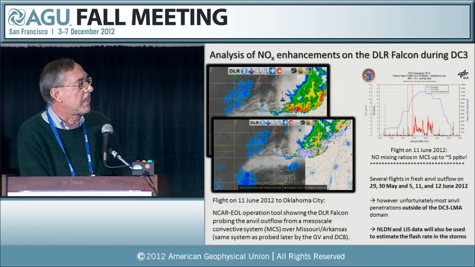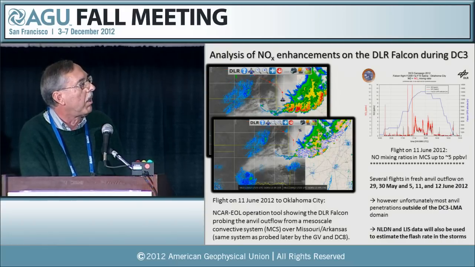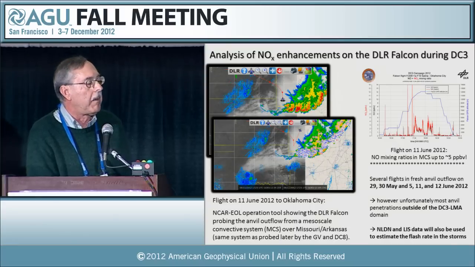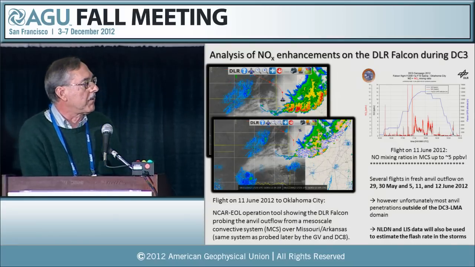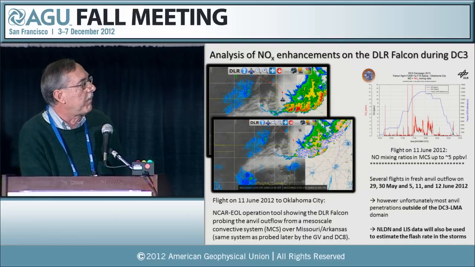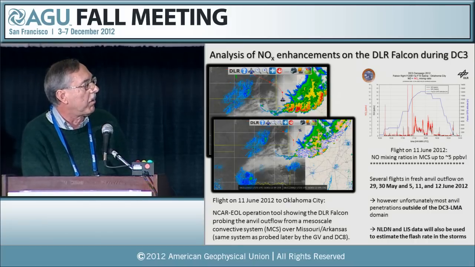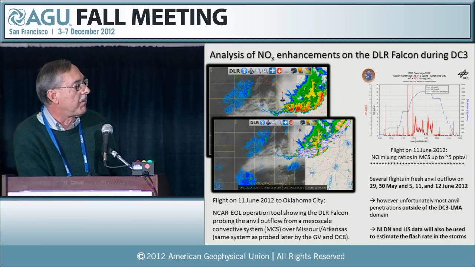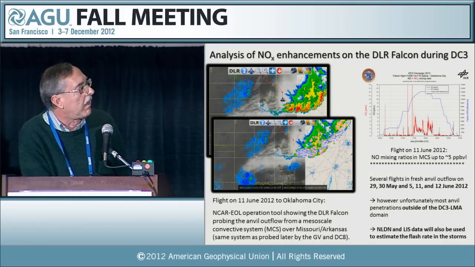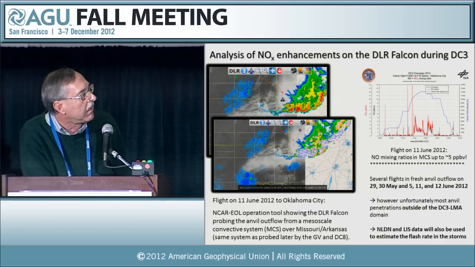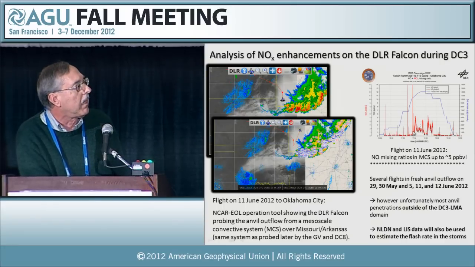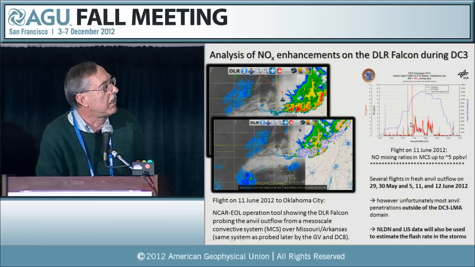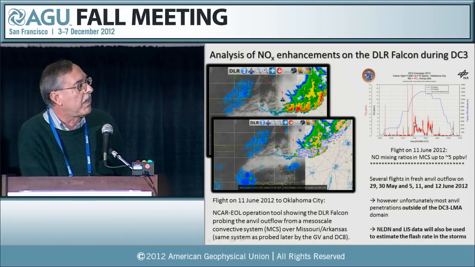And this is just a sample of some of their data for a major mesoscale convective system that was sampled by that aircraft over Missouri and Arkansas on the 11th of June. You can see that in black on this plot right here is where NO mixing ratios reached about 5 parts per billion.